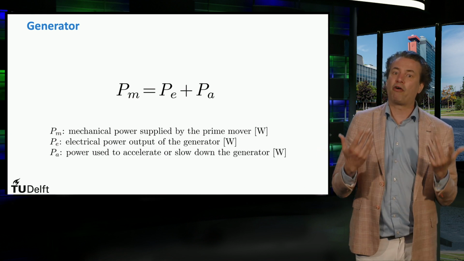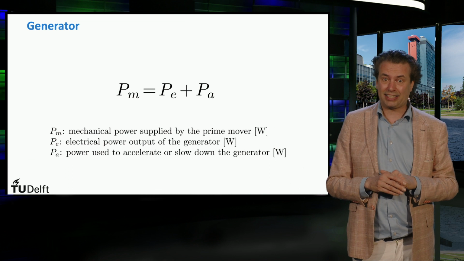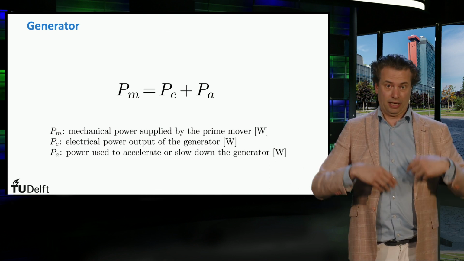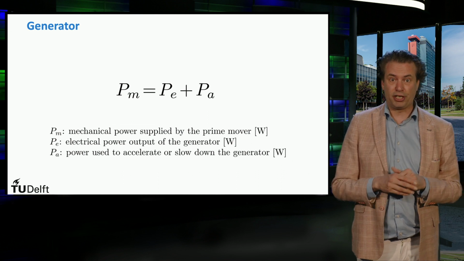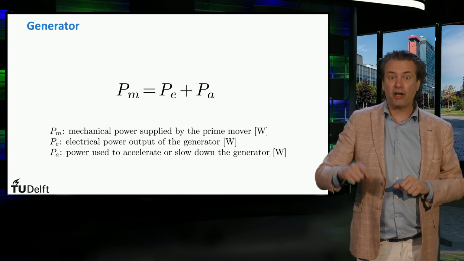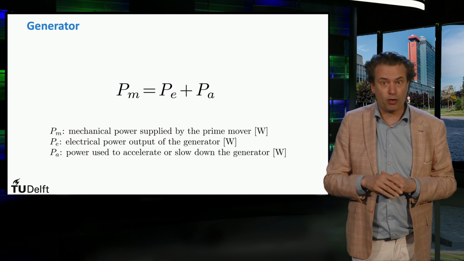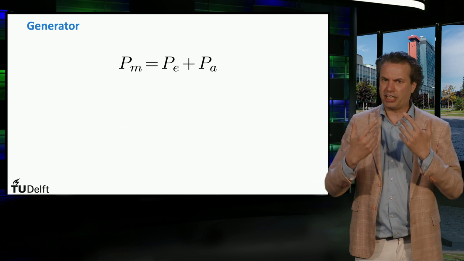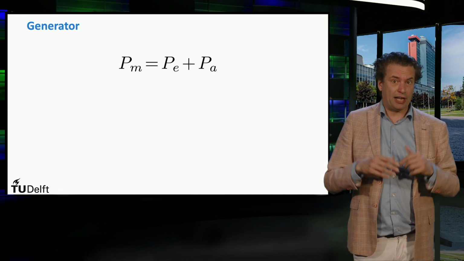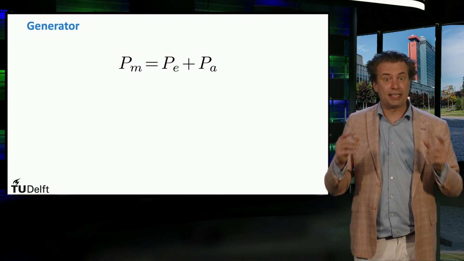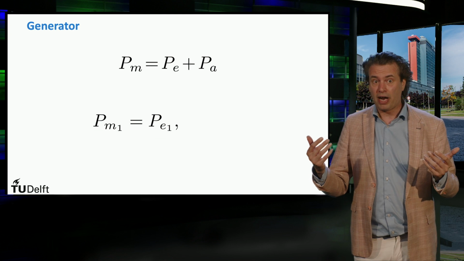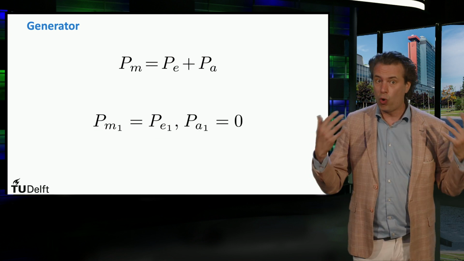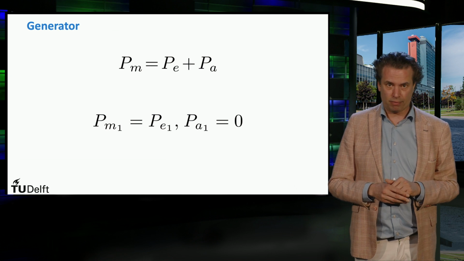The mechanical power supplied to the generator axis by the prime mover is equal to the electric active power, which is the output of the generator, plus the power accelerating or slowing down the generator. When the generated power and consumed power are in balance, then the mechanical power and the electric active power are equal and there is no accelerating power.